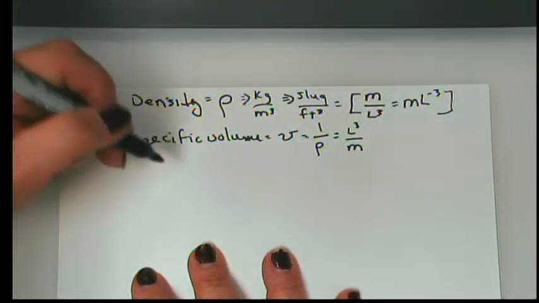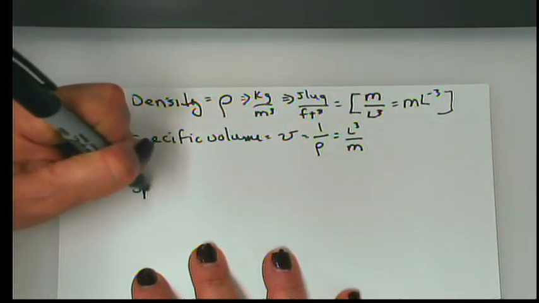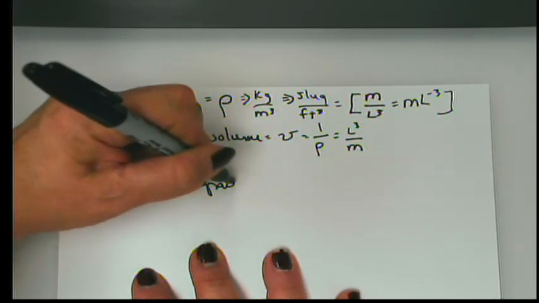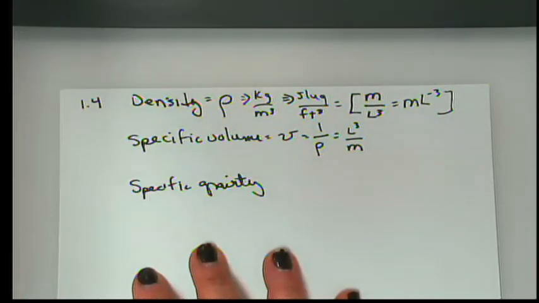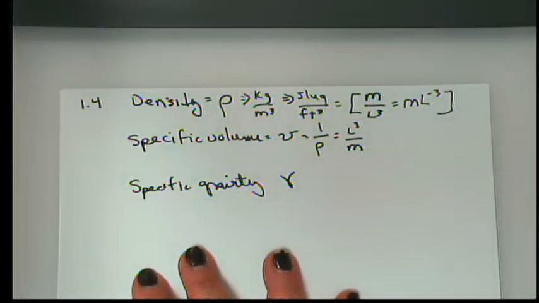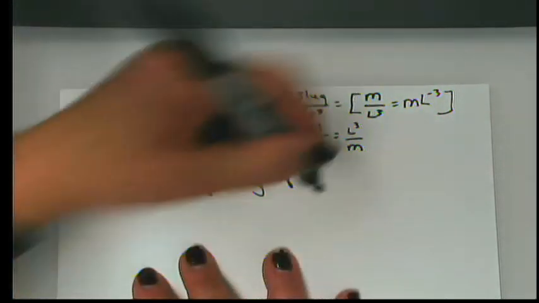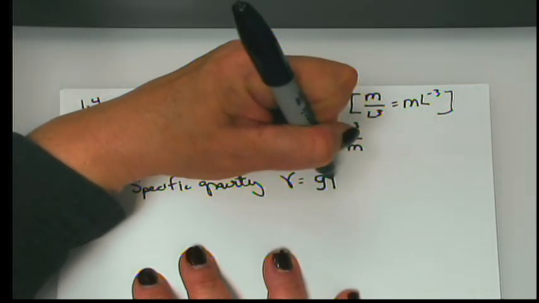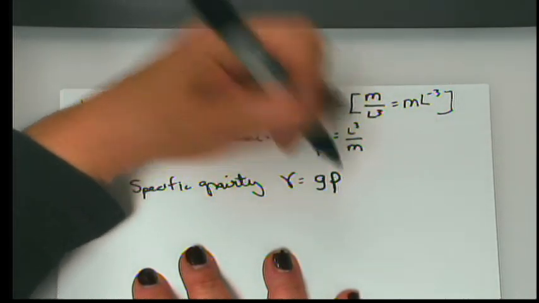And then continuing with the idea of specific weight, where we wish to change from units of mass to dimensions of weight, we use the Greek letter gamma, and it's equal to the gravitational constant times rho.